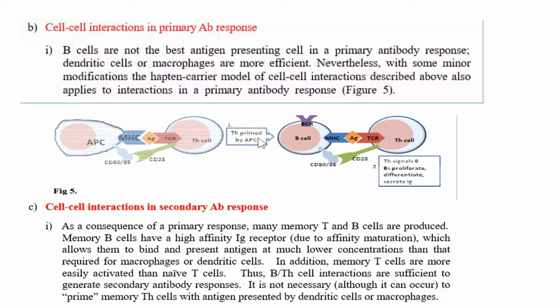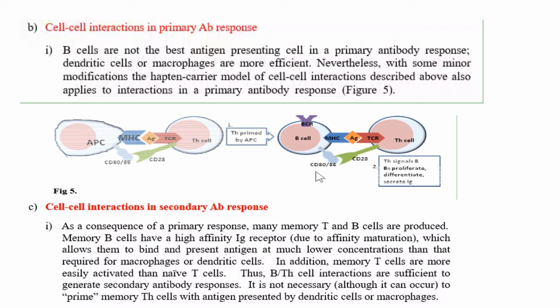The primed T helper 2 cells can then interact with B cells that have encountered antigen and are presenting antigen peptide in association with MHC class II molecules. Here, the B cells require two signals for their activation.